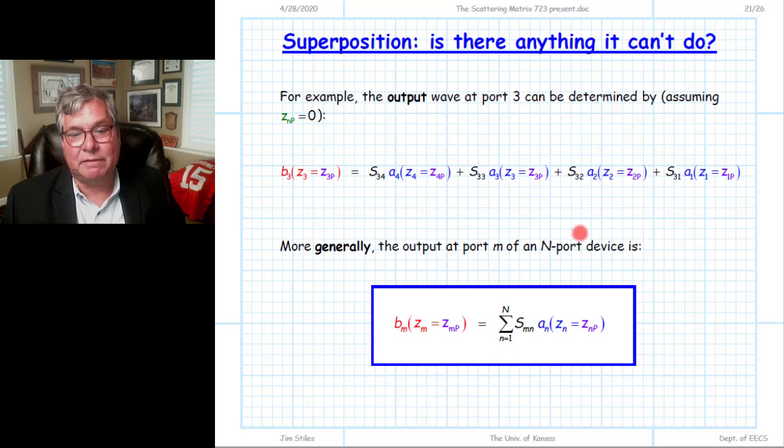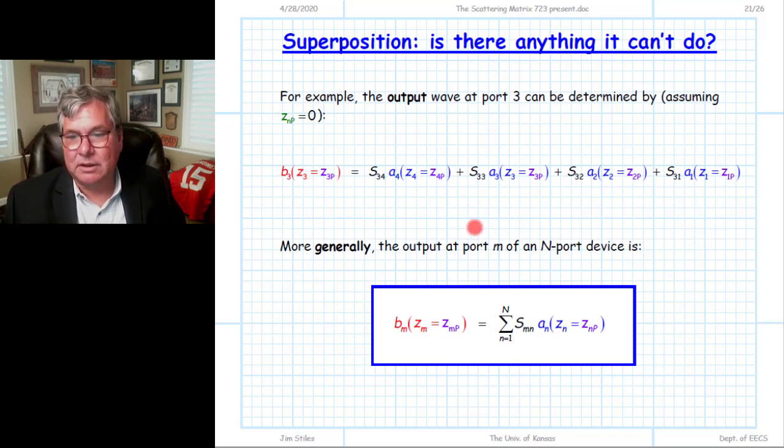And it's fairly simple. If I want to know the component of the scattered wave at port 3 due to the incident wave at port 1, I simply multiply the complex value of the incident wave, the A wave, at the port plane, take that complex number and multiply it by the complex number S31, and that gives us a complex number which is the component of the exiting wave at port 3 due to the incident wave at port 1.